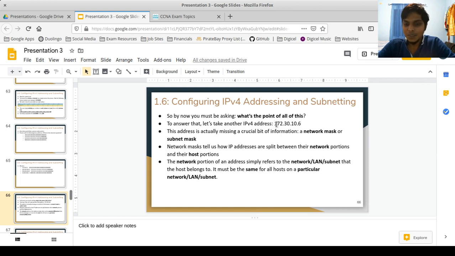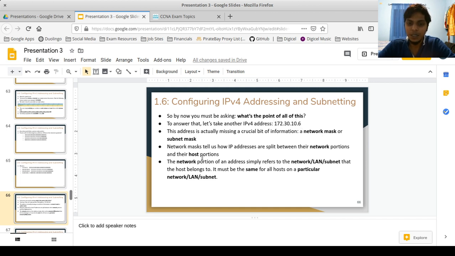So the IP address is actually not one complete number, but could be split into two. It's not two halves exactly down the middle here. The split could be moved somewhere through the number, and the two parts of it are called the network portion and the host portion.